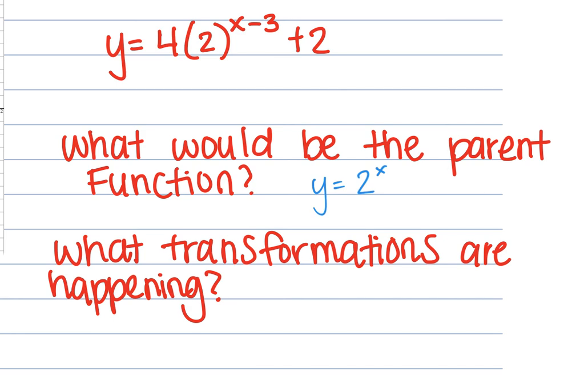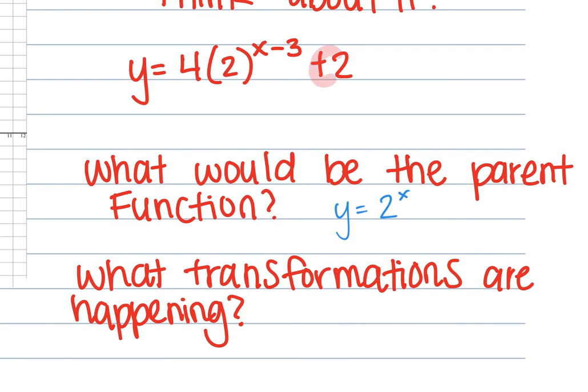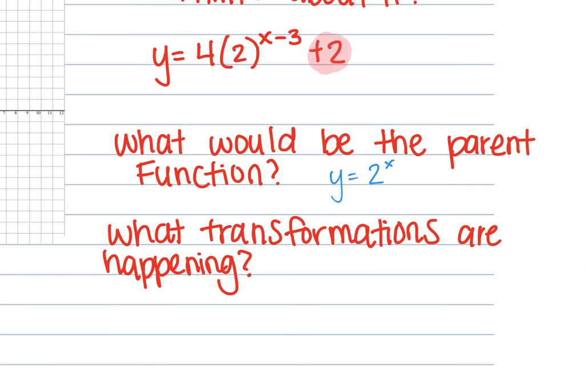Nick, can you give me one of them? Good. A vertical shift up 2. I like that one, okay? So go ahead and put, there's a vertical shift up 2. Make sure your colors line up. That's the red plus 2 that we have.